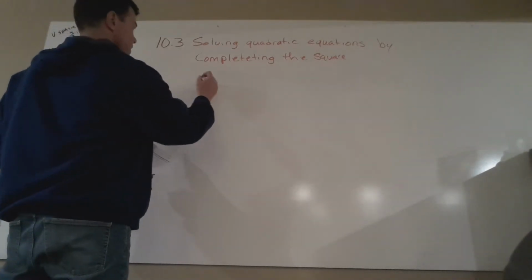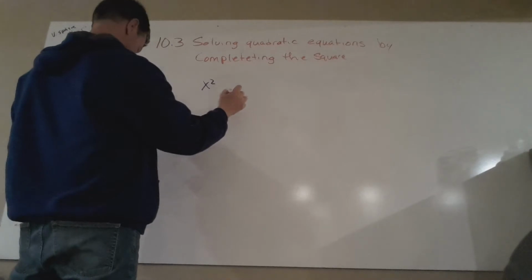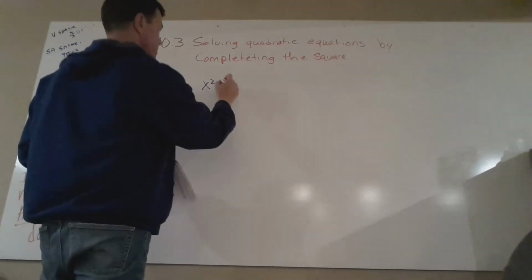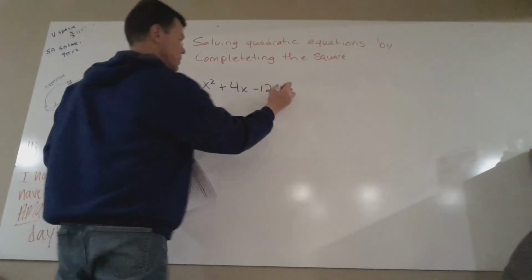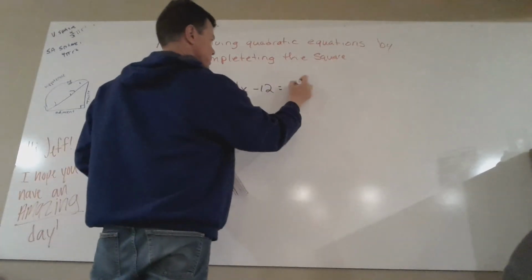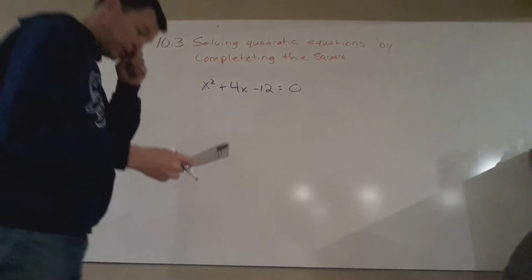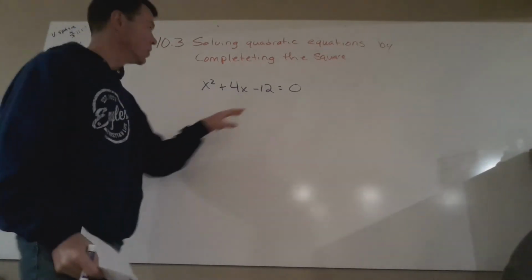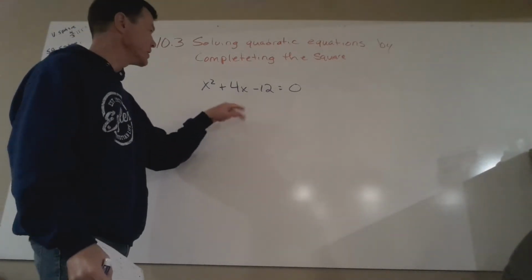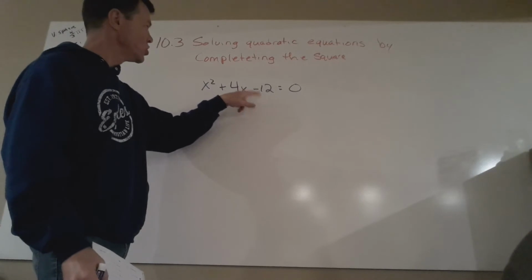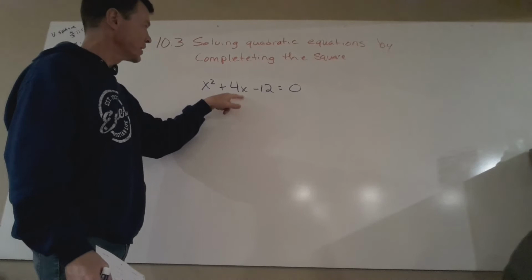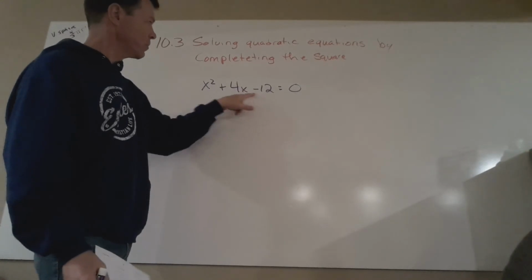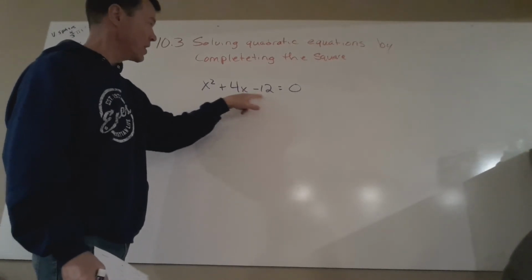x squared plus 4x minus 12. All right, so the best way to go over this, to keep your facts straight, I'm going to keep the x squared and the 4x on the left side, and I'm going to get rid of this because I'm going to want to have a number here.